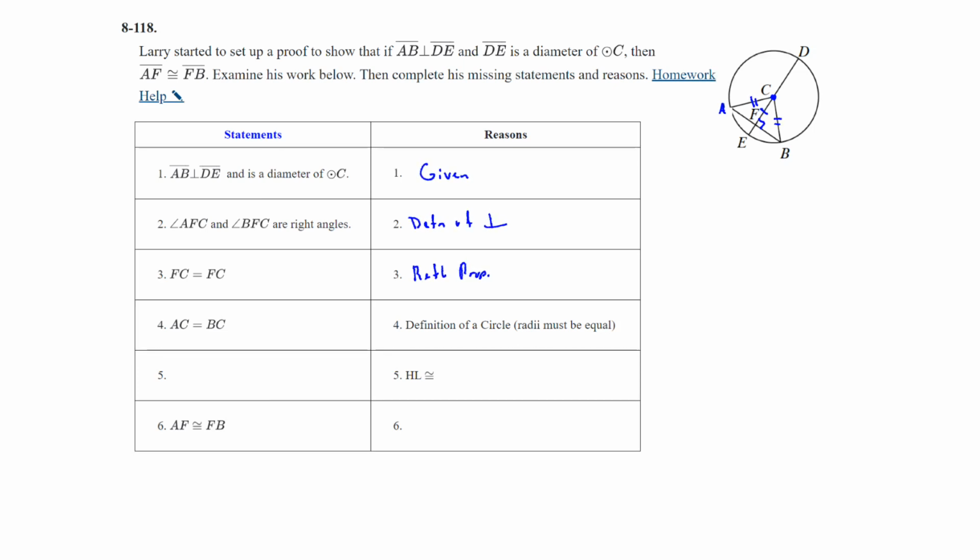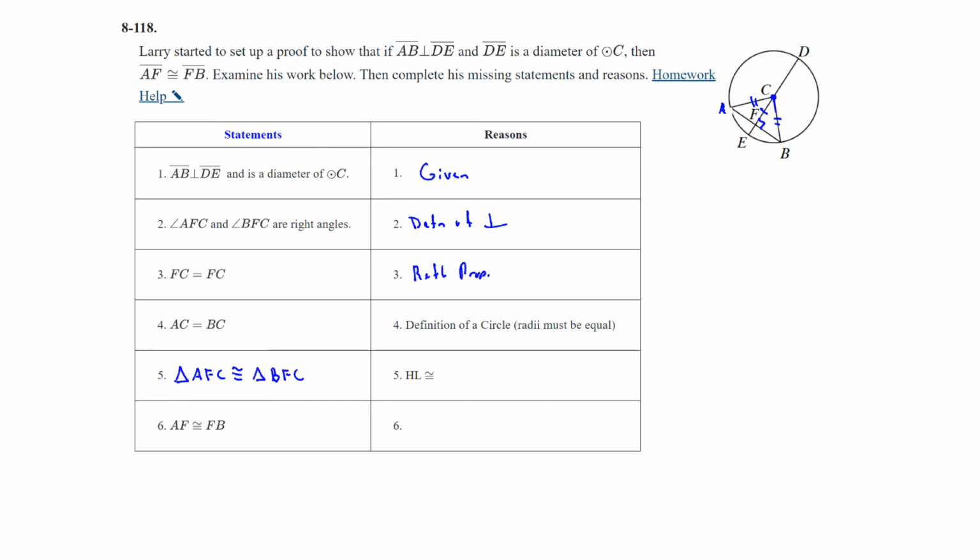And then on 5, it's saying hypotenuse leg congruency. So we're trying to prove that those two triangles are congruent. So therefore, we can say that triangle AFC is congruent to triangle BFC. And we know that by hypotenuse leg.